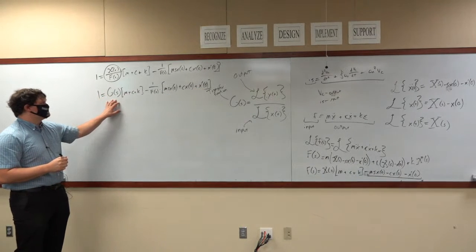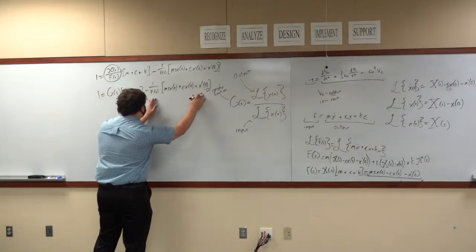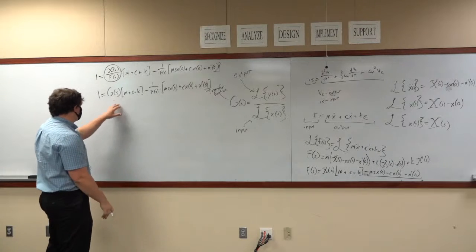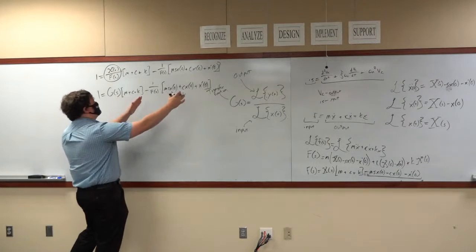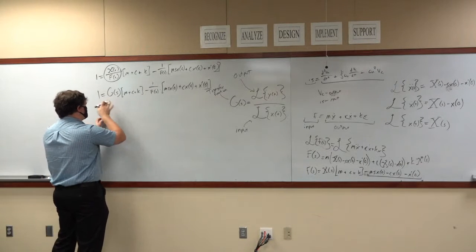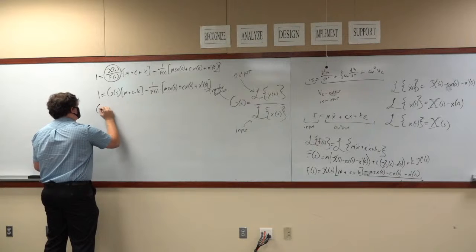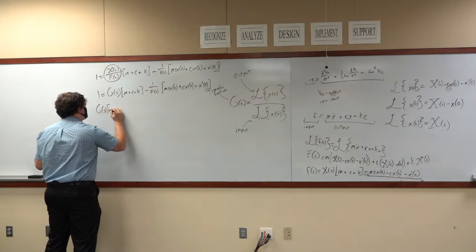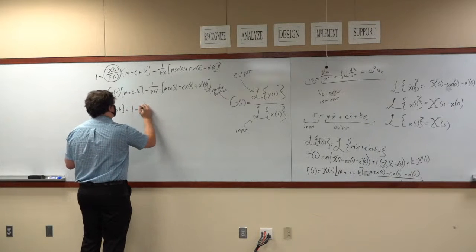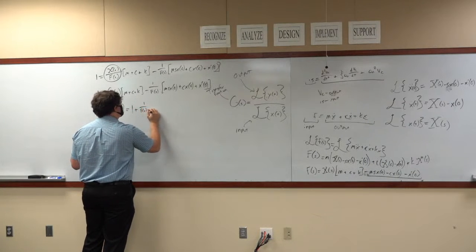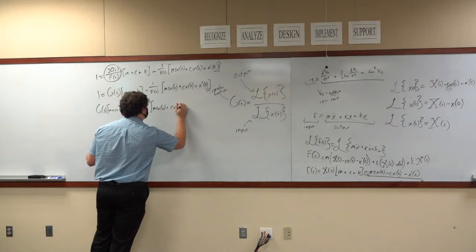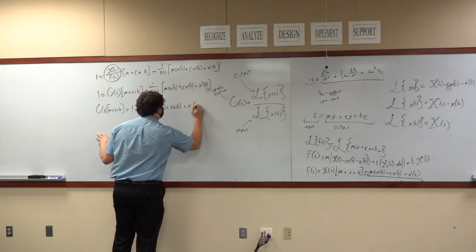Now we need to solve in terms of this. So we'll move this to the other side, and then we'll divide by that. And we'll have G of s. So moving this to the other side, actually I'm going to flip it. So now we have G of s times m plus c plus k is equal to 1 plus 1 over F of s times m s x0 plus c x0 plus x prime 0.